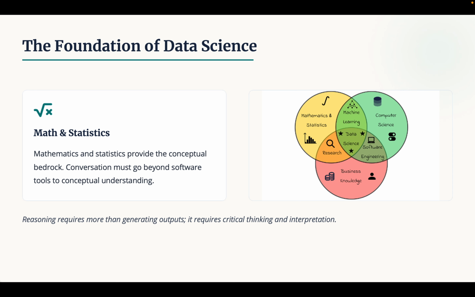That's important because sometimes data science conversations become overly focused on tools, software, or computational systems while overlooking conceptual understanding. Statistical reasoning requires more than generating outputs. It requires interpretation, contextual understanding, and critical thinking. As mathematics educators, we play an important role in helping students to develop all of those capacities and capabilities.